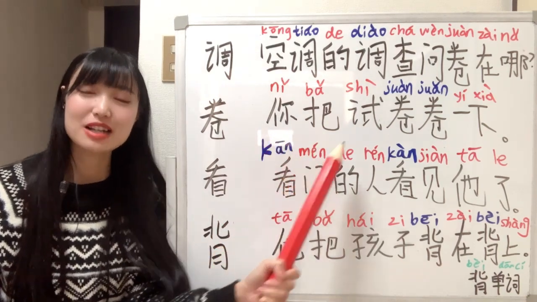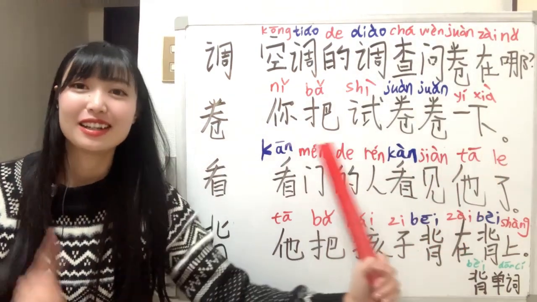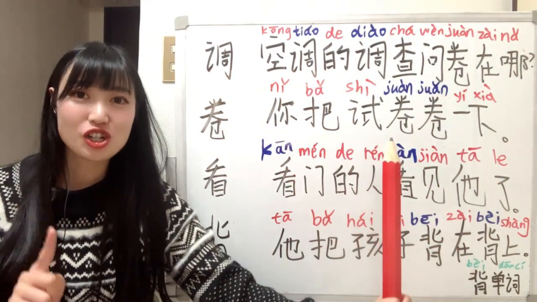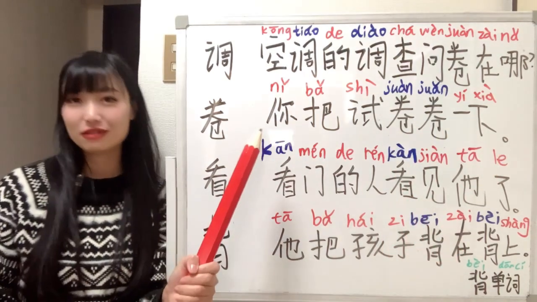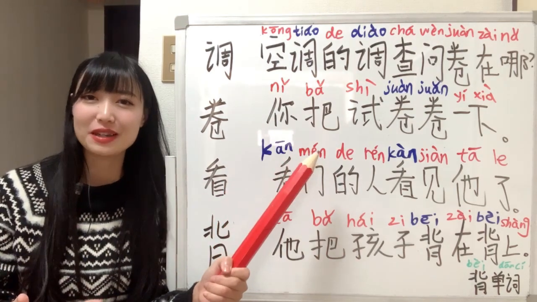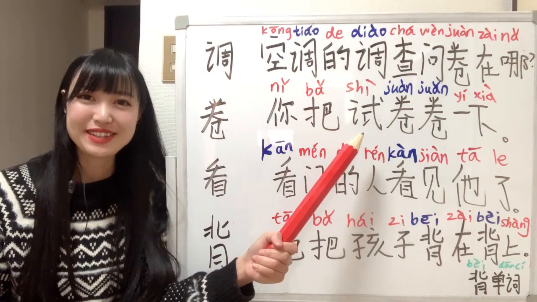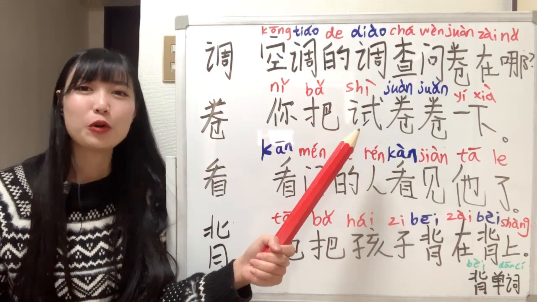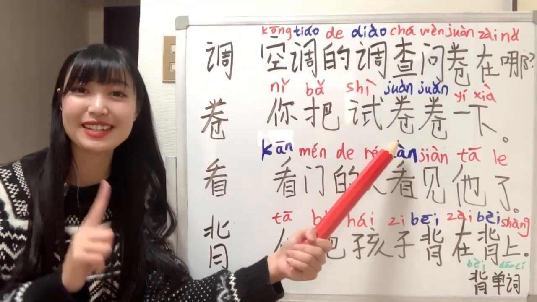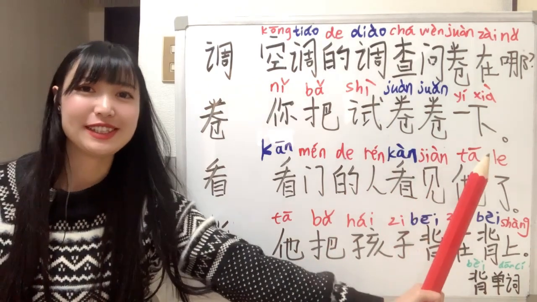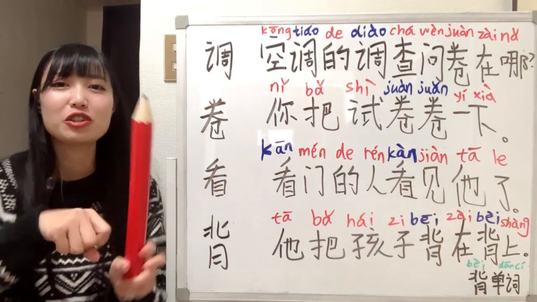你把试卷卷一下。你把试卷卷一下。So 你 means you, 把 is a function word here. 试卷 means the test paper or examination paper, so 卷 here is basically a noun. 卷一下, do something briefly, 卷 means roll up.